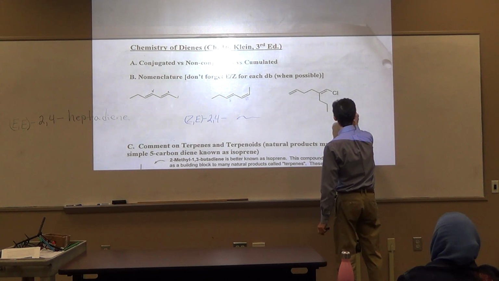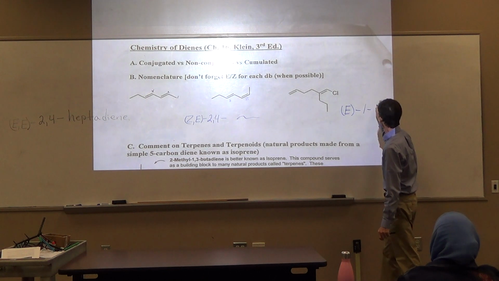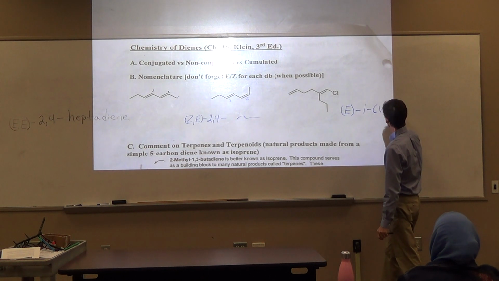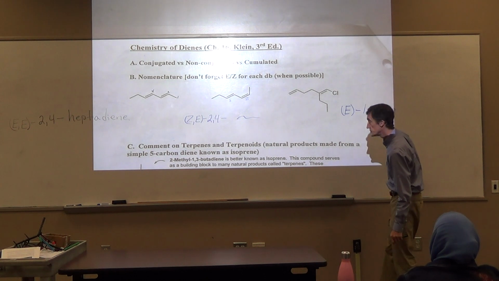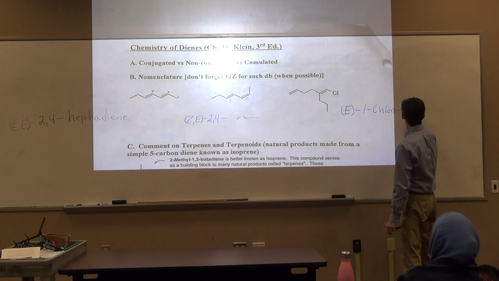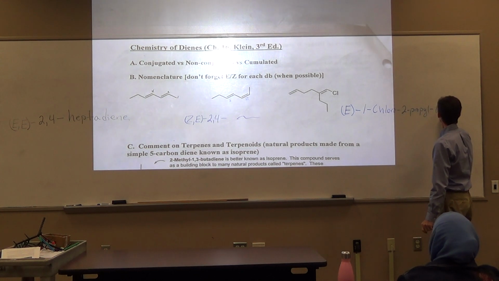Name here: E, 1-chloro, 2-propyl, 1,5-hexadiene.